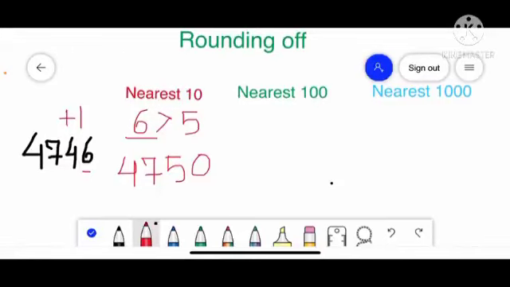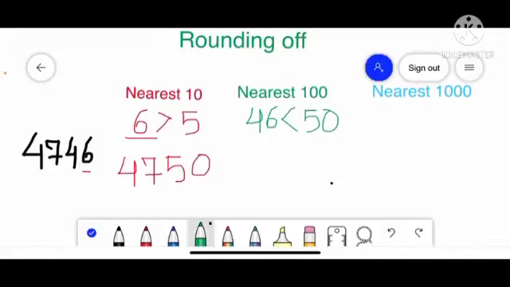Now the same number we are going to round off to the nearest 100. For rounding off to the nearest 100, we will check the last two digits, that is 46 we are having. We will check with 50. We will check whether it is greater than or less than 50, right? So 46 is less than 50.